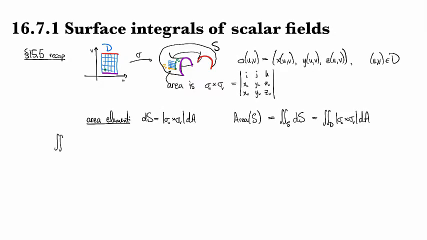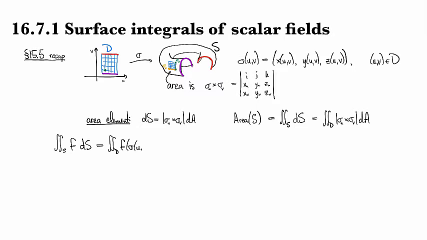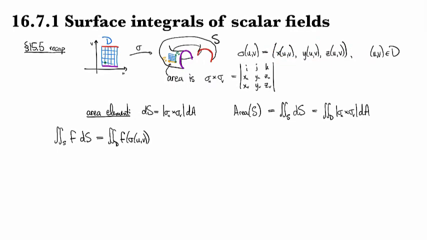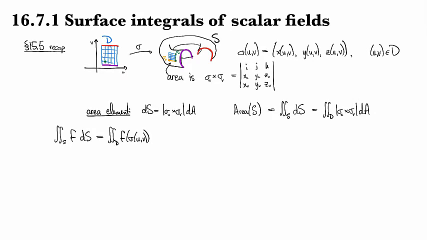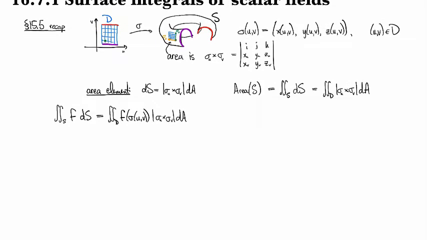So the idea is that if we have the double integral over S of f dS, this is going to be the double integral over the parameter domain of f of sigma(u,v), meaning that we substitute in the formulas that we selected back here for our x, y, and z in the arguments of f, times the absolute value of sigma_u cross sigma_v, dA, right? So there's nothing really new or exciting going on here. Let's look at a couple quick examples.